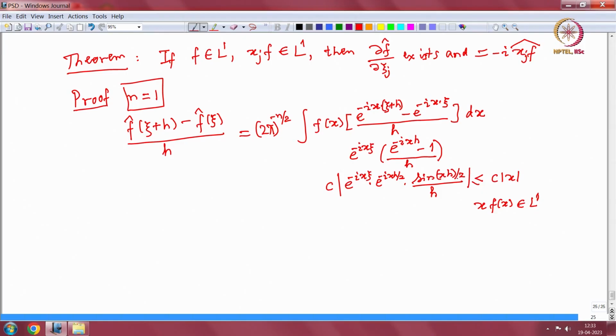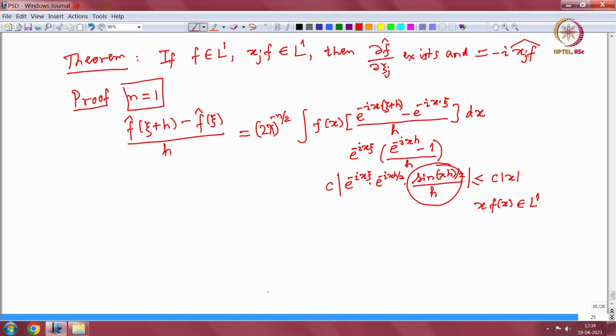And what happens when h tends to 0? That will produce just an x. So, I am using the dominated convergence theorem. Fill in all the details here.